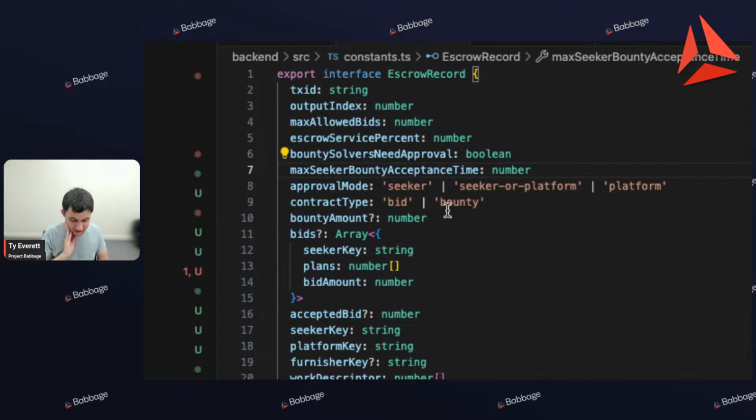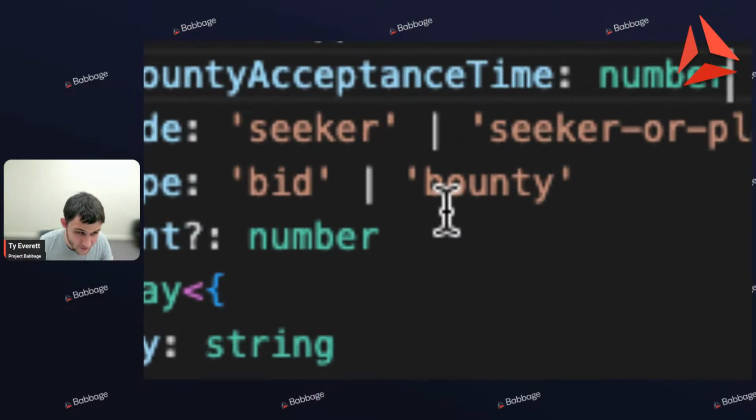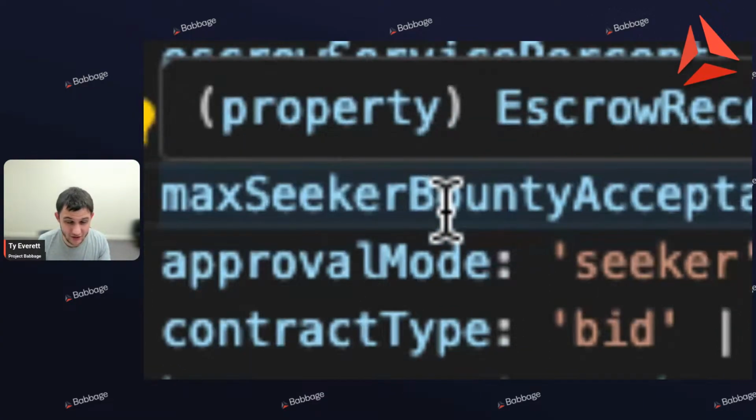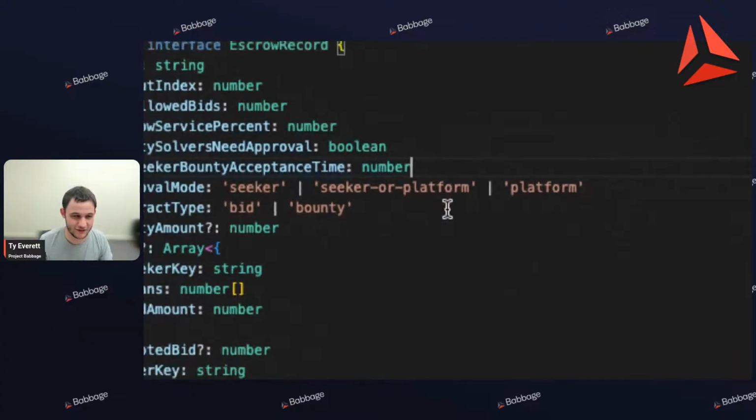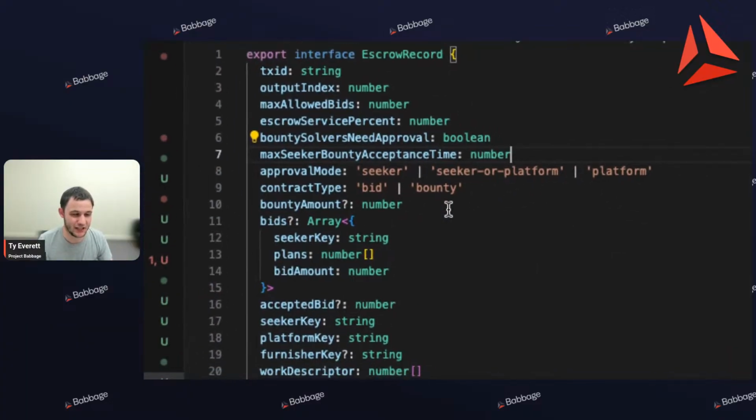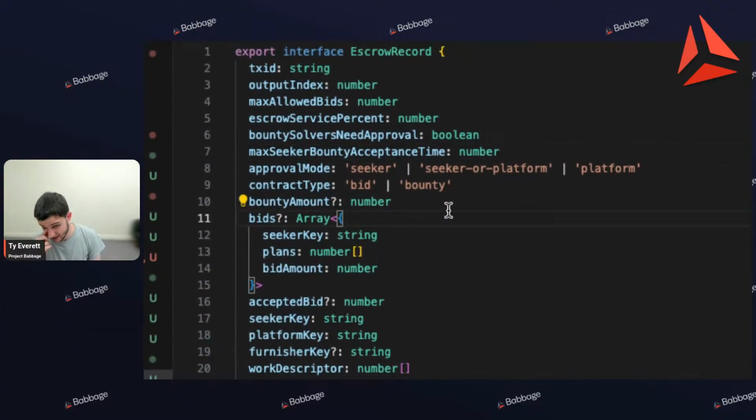So essentially, how that works in this case is the furnisher of services, when they claim it's complete, in the case of a contract where the bounty solvers do not need approval, they have to put money into the contract, which they get back when it's done, when it works, right?